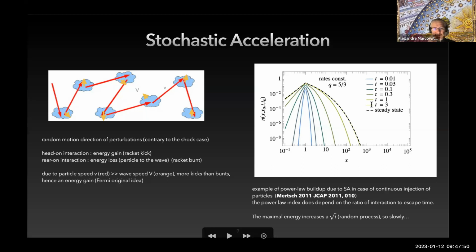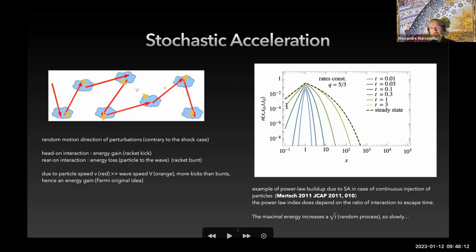The point is that as the particles are moving faster than the scattering centers, particles see more scattering centers moving towards them, so you have more energy gain. This is why you have stochastic acceleration. If you look at the evolution of the particle distribution in such a process, you start at T with this blue distribution.